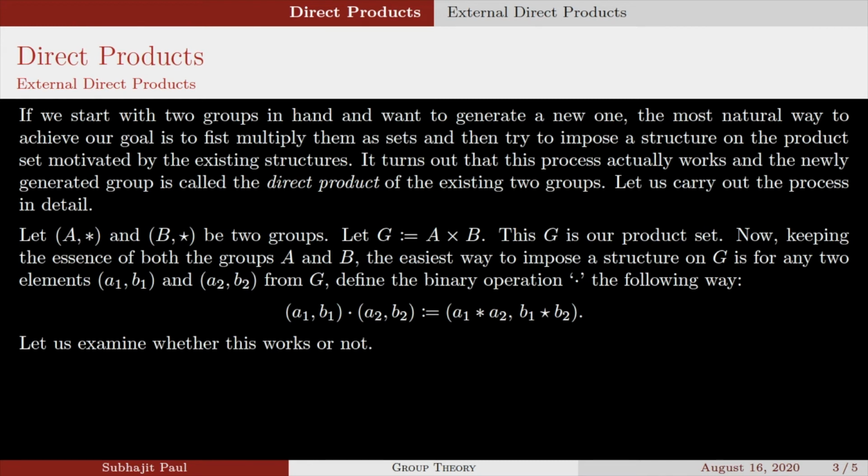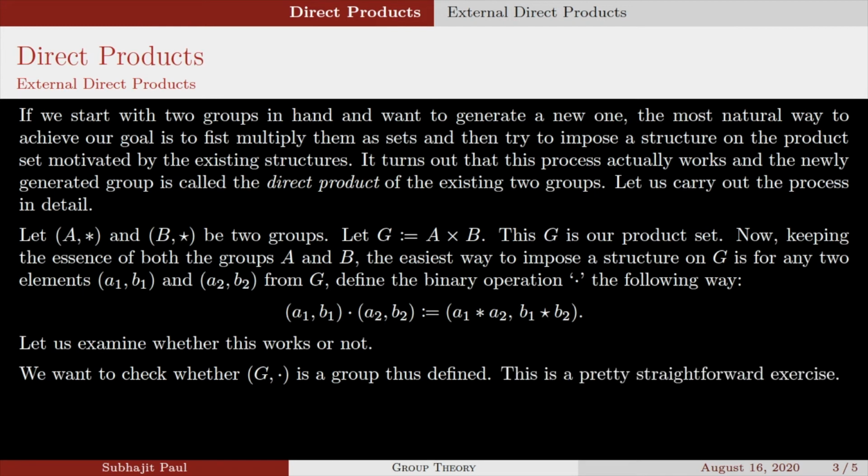Now let us examine whether this works or not, whether this operation makes G a group or not. Okay, that is what we want to check.